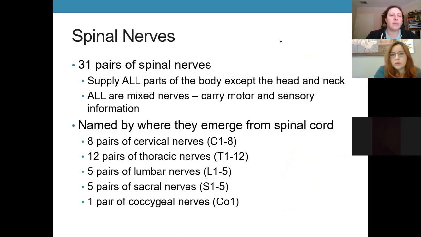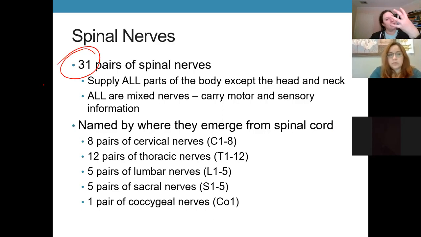So we divide those up into spinal nerves and cranial nerves. The spinal nerves are coming off of each segment of the spinal cord. There are actually 31 pairs, and they provide innervation to the whole body except for the head and parts of the neck.